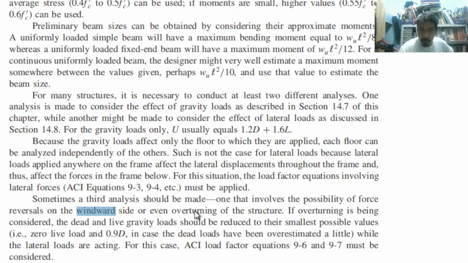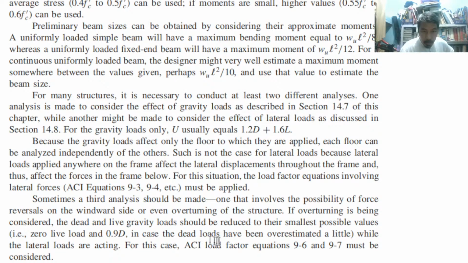Windward and overturning. If overturning is being considered, the dead and live gravity loads should be reduced to their smallest possible values in order to allow critical analysis of the structure. Take note: overturning, by putting on the minimum dead and live load.